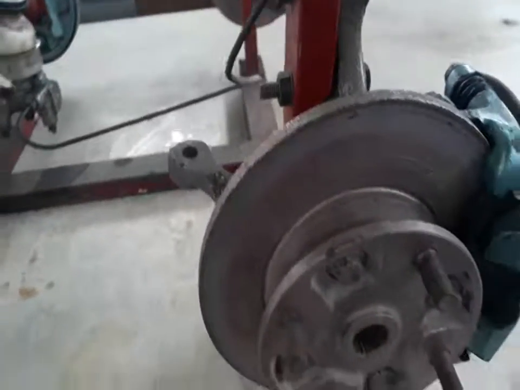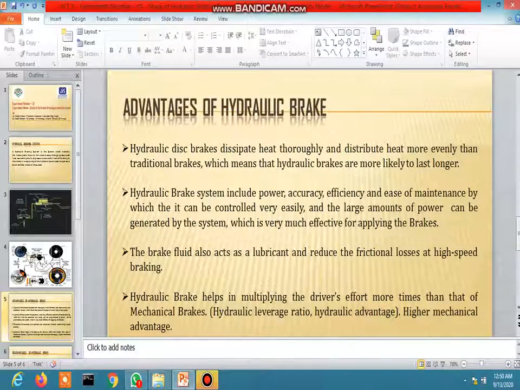Advantages of hydraulic brakes. Hydraulic disc brakes dissipate the heat thoroughly and distribute heat more evenly than the traditional brake system, which means hydraulic brakes are more likely to last longer.